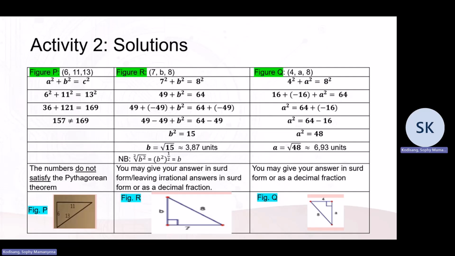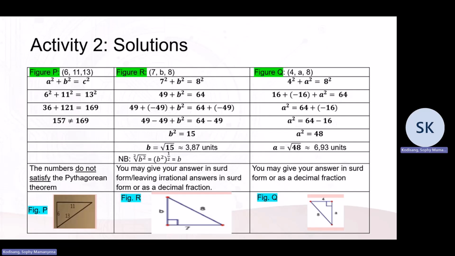And remember, I indicated earlier on that you need to know how to solve the equations. Right, 7 squared is equal to 49, and B squared will remain B squared because we are looking for the dimension of B, and then 8 squared is 64. So to solve this equation it is very important to introduce the additive inverses.